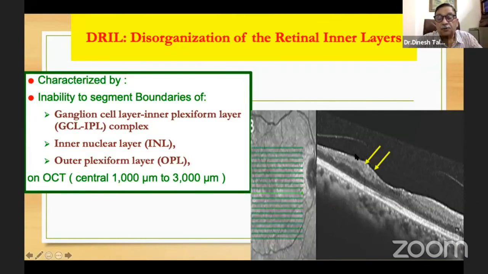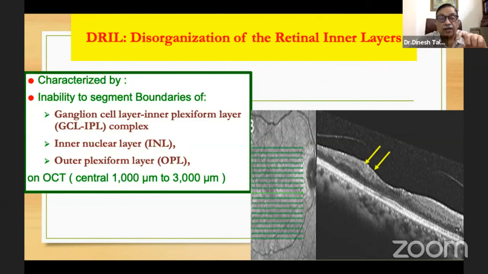In some patients, you may find the vision is not improving, or you want to prognosticate. You look at this small area; on both sides, you can see all the layers, you can distinguish them. But in this small area, there is an inability to distinguish the boundaries of the ganglion cell layer, the inner plexiform layer and the inner nuclear layer.